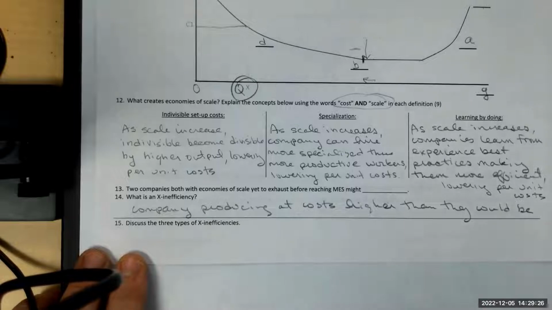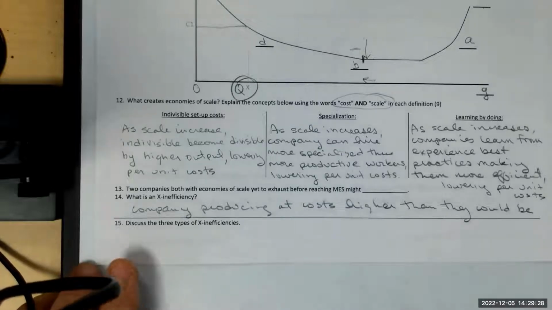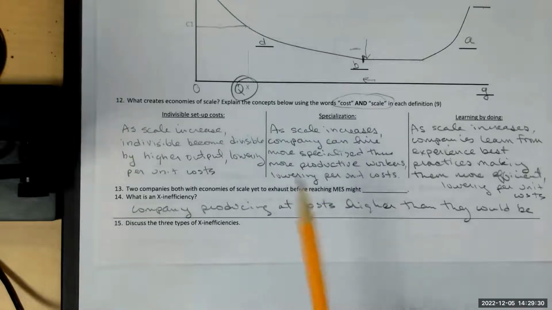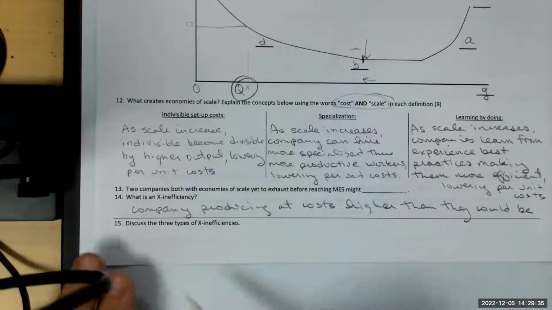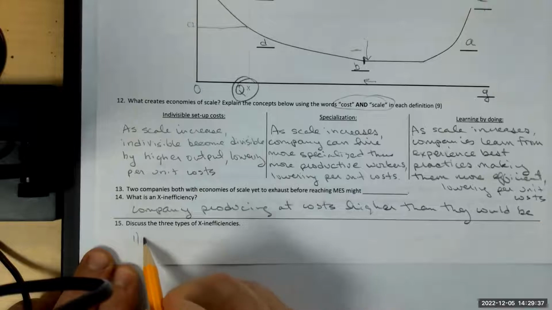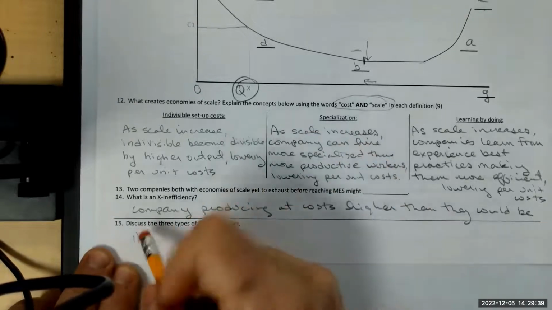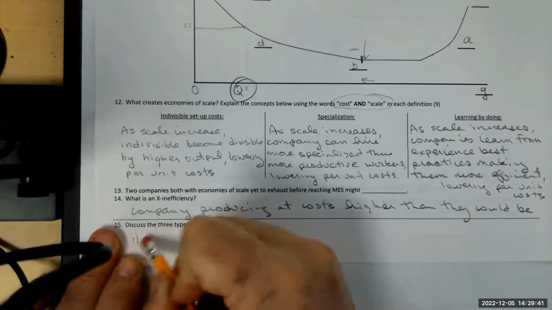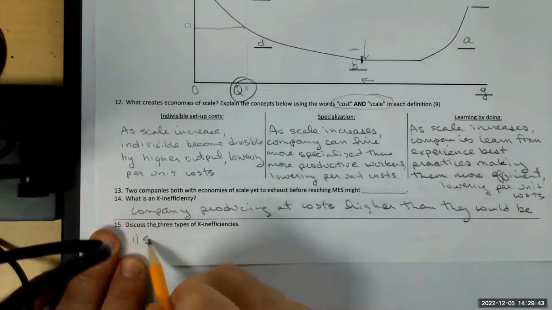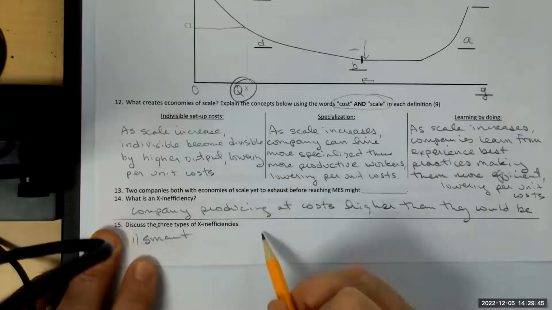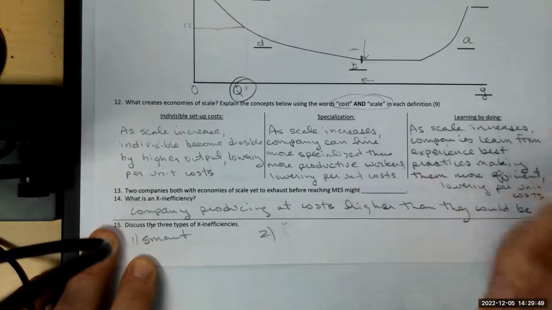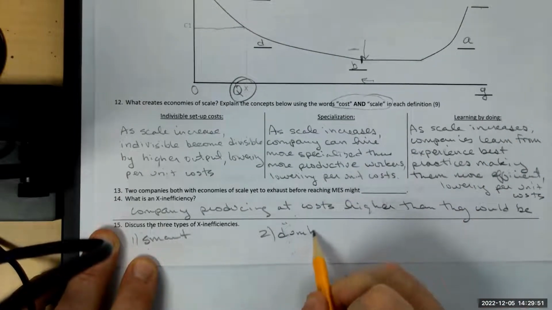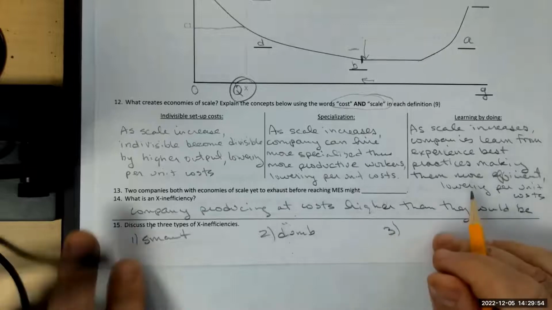Remember, there were three types. What does it sound like, a smart or a dumb thing? Very good, both, right? So we have three different types. Smart company, dumb company, and then regulated monopoly.